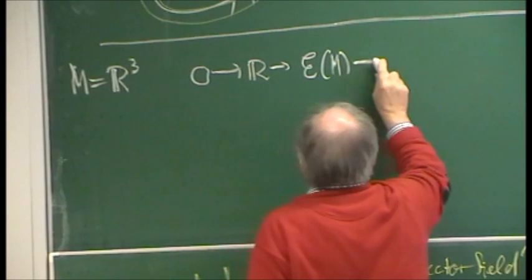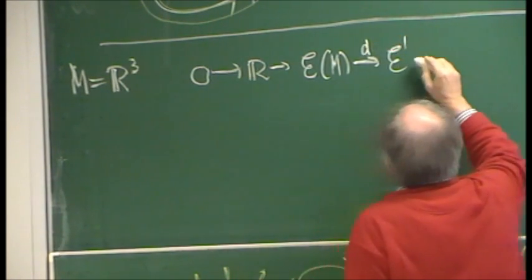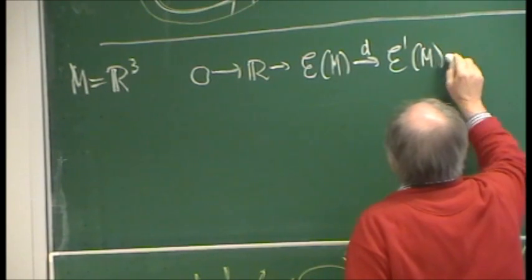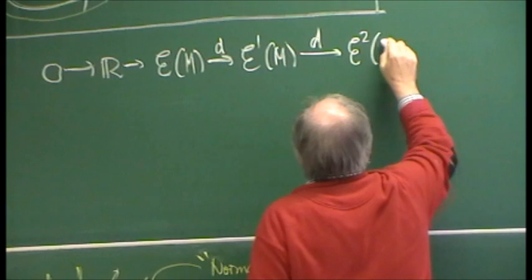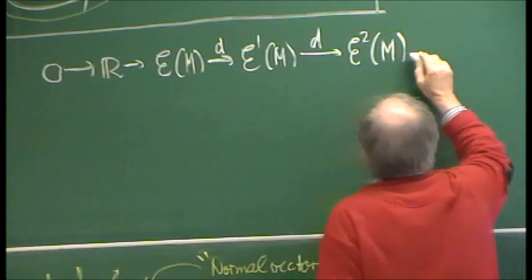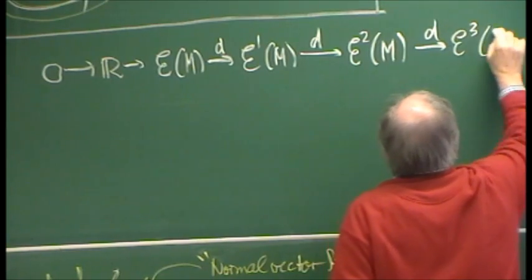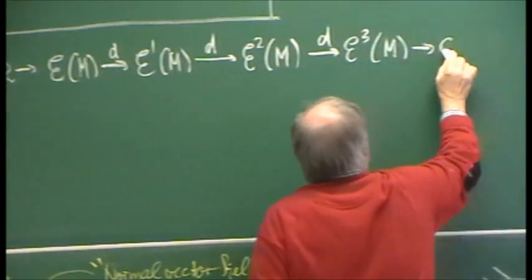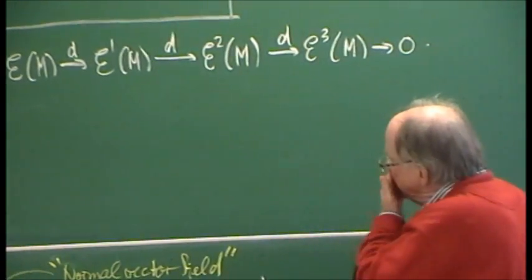The constant functions. The one forms. Aha! I have d. It's a complex because d composed of d is 0. 2 forms, 3 forms, d. 0. Okay?